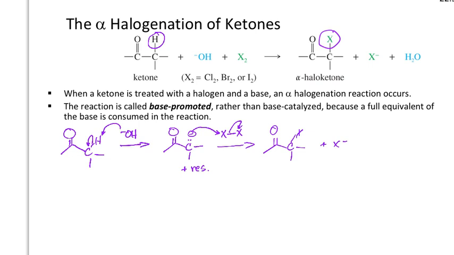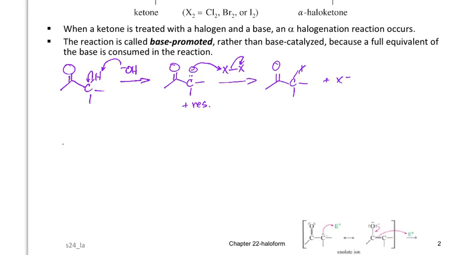If we consider that that can continue happening, let's just say that we have this CBr. I'm going to just use an actual halogen here, and I have still another molecule of base. That is able to take the next proton, and we'll get another enolate to form. It's actually easier now because of the pull of the electrons from the bromine.